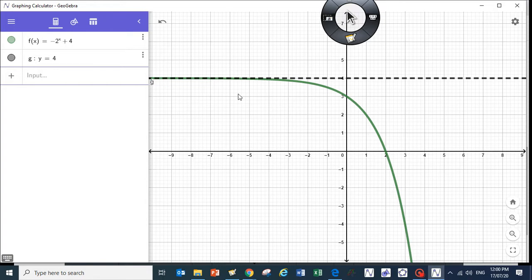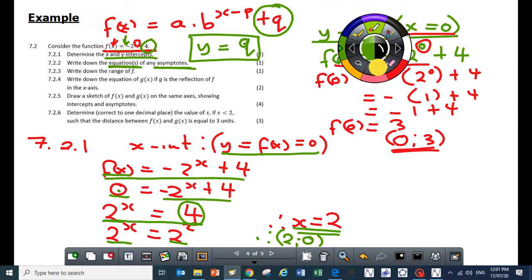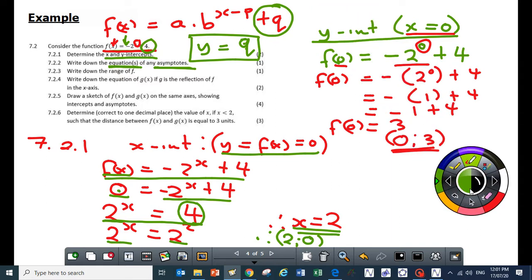Okay? Now, if you go back to our question, we are going to be moving to and fro. Now, the range, okay, the range is the set of y values. Remember, the range is a set of y values. So, this word range means we want the y values.